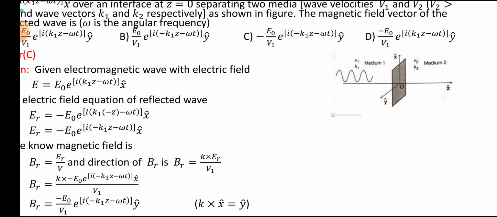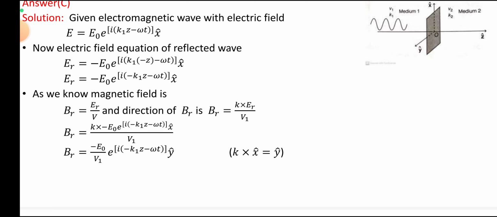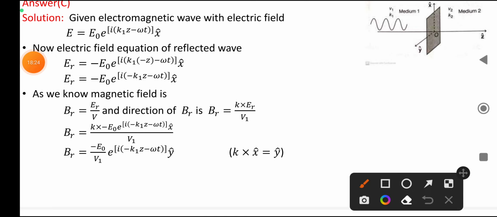Because it is in the same medium. The minus sign indicates reflection. So ER is the reflected wave, and the equation is written like this; here minus means reflected wave only.